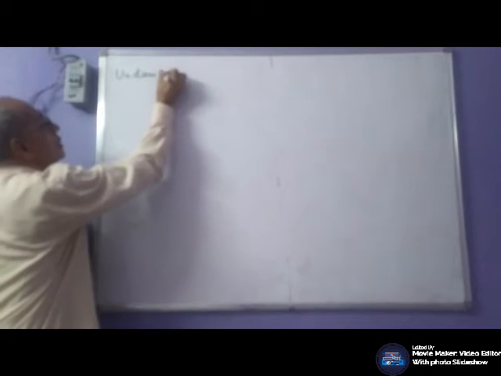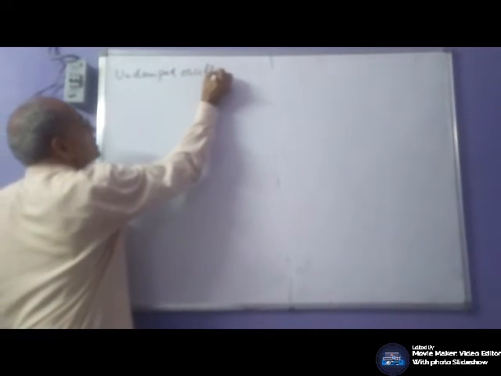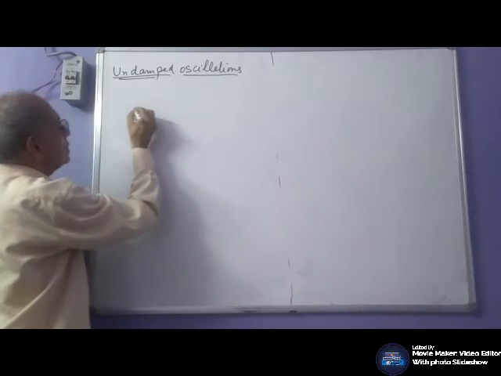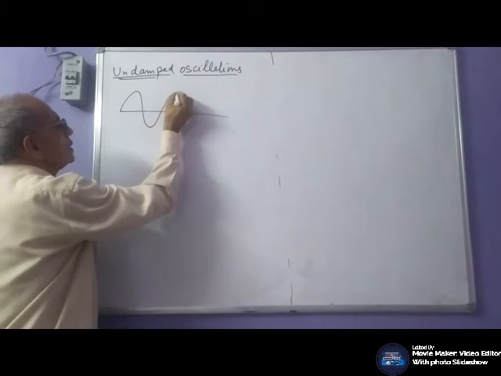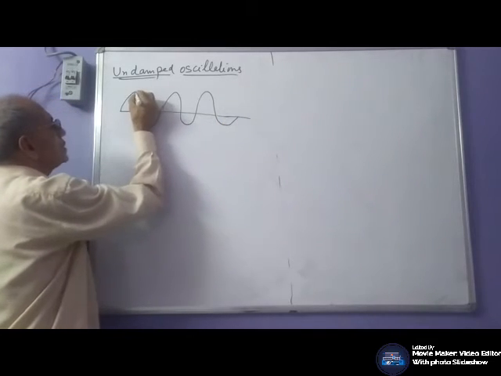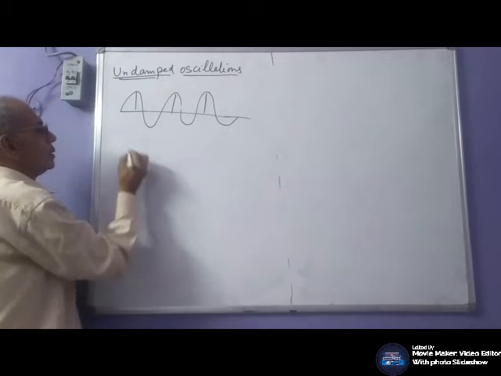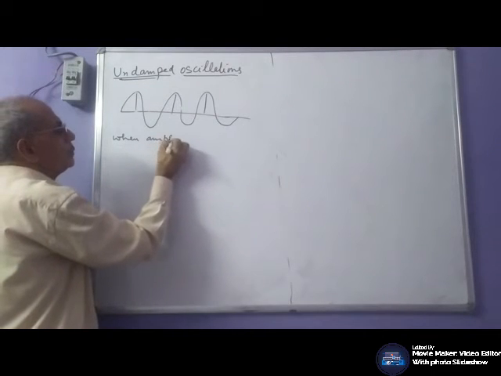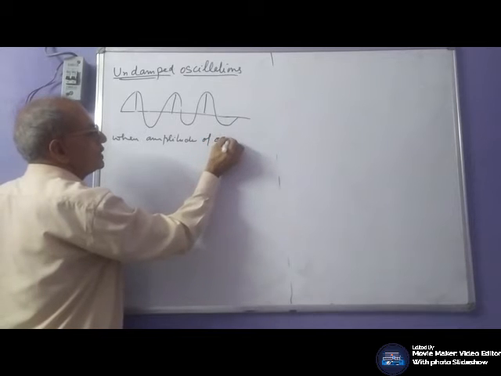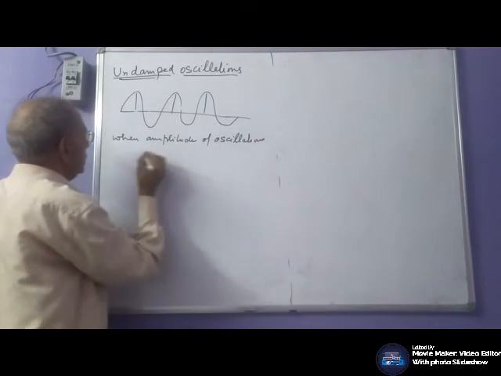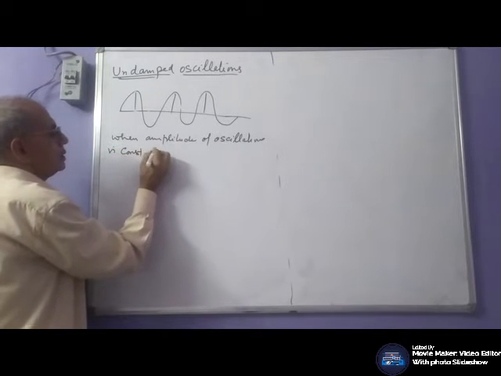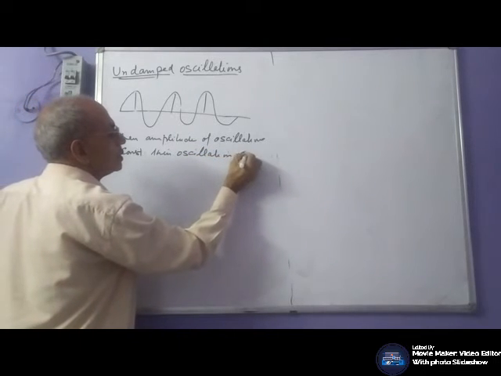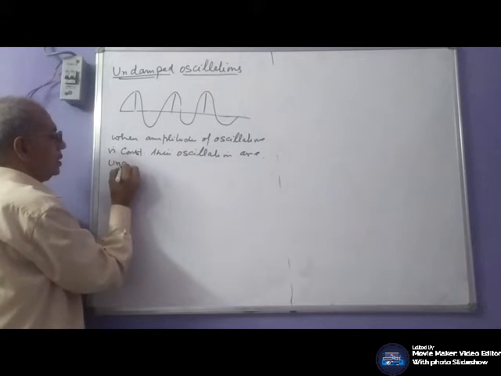Undamped oscillations. In a cycle of oscillations, this is the amplitude. If the amplitude of oscillations is constant, then the oscillations are undamped.